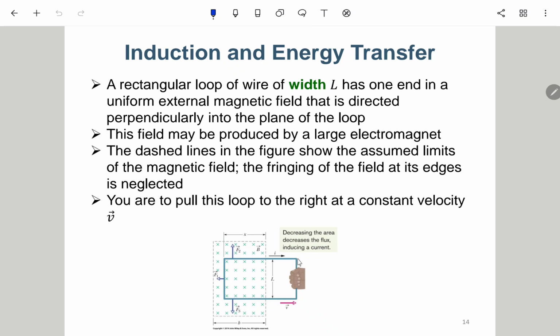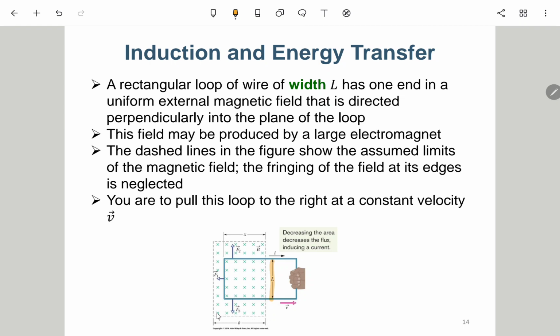Okay, so here you can see this guy is actually holding this current loop, and the width is L. Here we also have some external B field, shown with this green cross, which means that the external B field is pointing into the page.